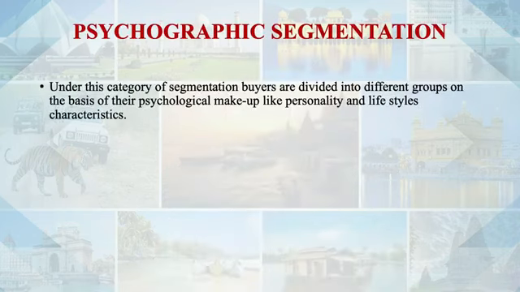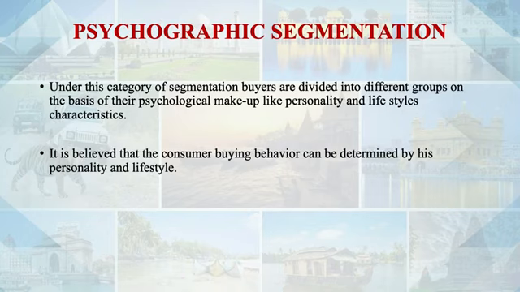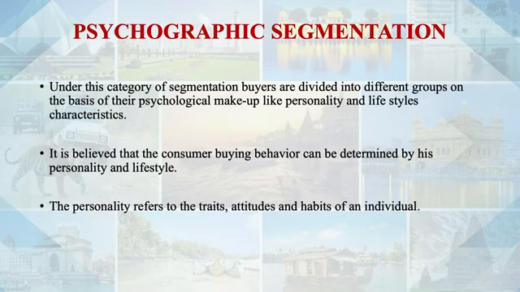Under this category of segmentation, the buyers are divided into different groups on the basis of their psychological makeup, like personality and lifestyle characteristics. It is believed that consumer buying behavior can be determined by his or her personality and lifestyle. Personality refers to the traits, attitudes and habits of the individual.